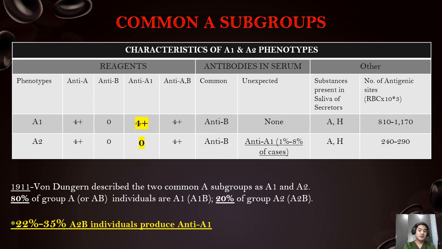By following the Landsteiner rule, and since A antigen determinants A, B, C, and D became determinants of A1, and A2B lacks the C and D determinants, A2B will undergo a consequent production of antibody for the antigen that it lacks and therefore produces trace amounts of anti-A1. That now accounts for the 22% to 35% of A2B individuals that produce anti-A1. So I hope that everyone is diligently following the discussion.